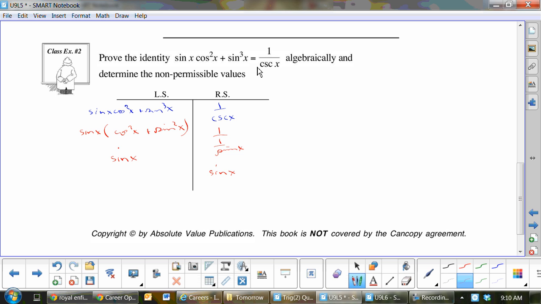What's another thing that it can't equal? What if this equaled undefined? Can you take 1 divided by undefined? So we know that cosecant cannot equal 0, right?